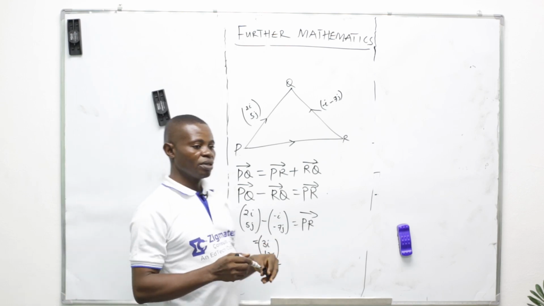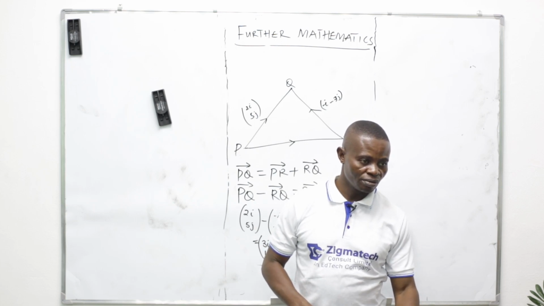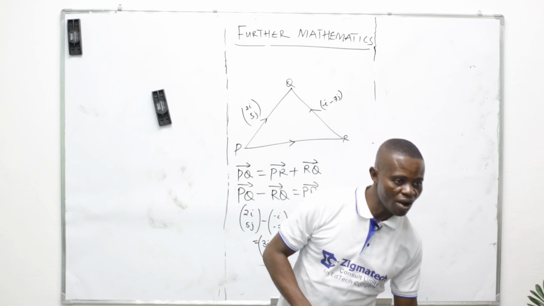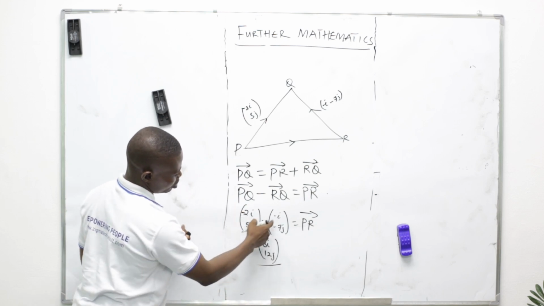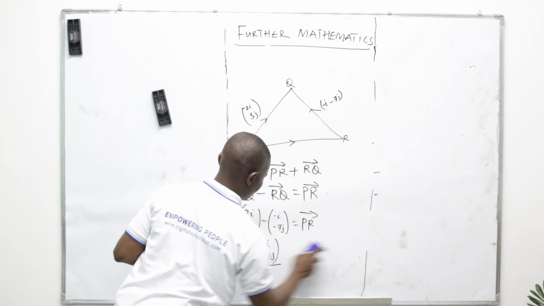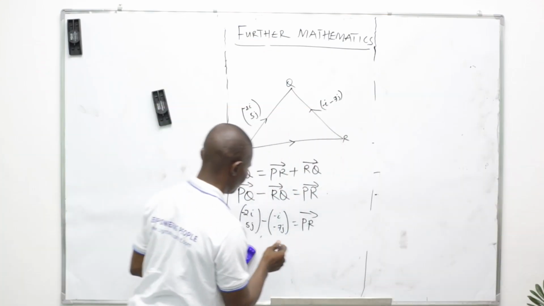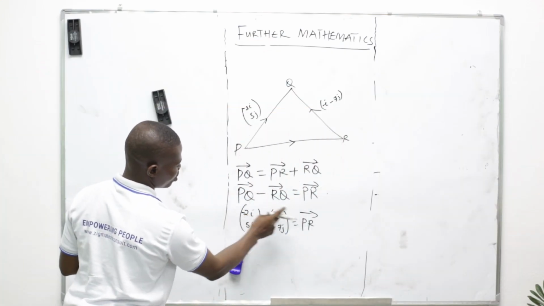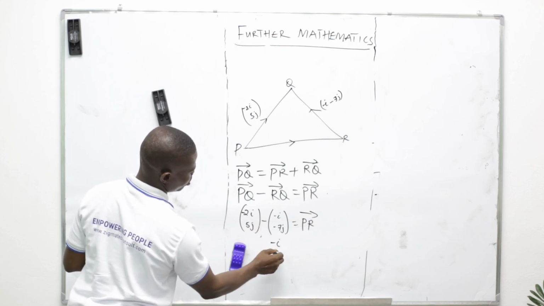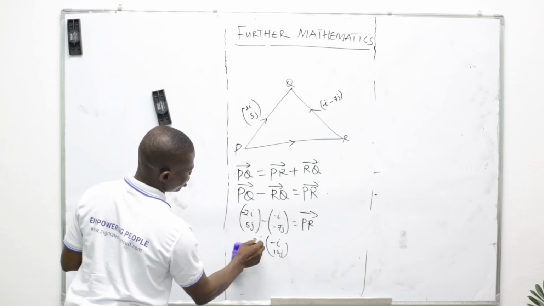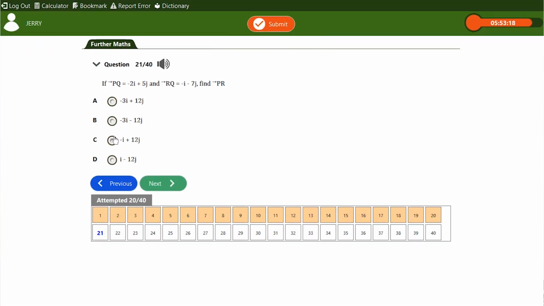So what is PR? 3I, okay, that is minus 2I. Okay, minus here is plus. Let's check, is there another minus sign before? Okay. Minus is plus, minus 2I plus I is minus I, okay? Minus is plus, meaning 12J. So, PR equals what? Minus I plus 12J. What is it? Minus I plus 12J.